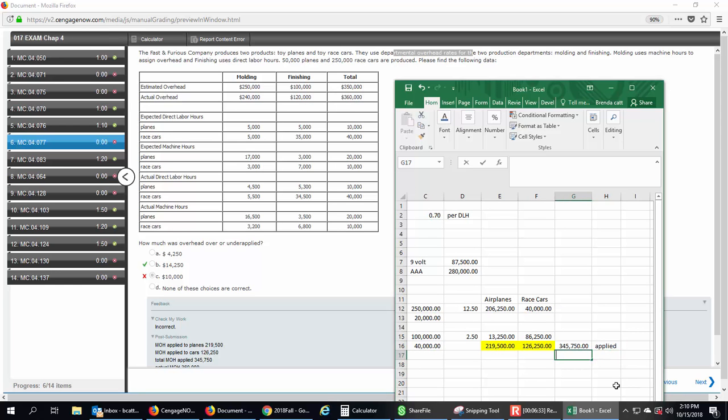So let's compare those two. Looks like we are under applied, but they didn't actually ask us which direction, by 14,250. That's that answer right there.